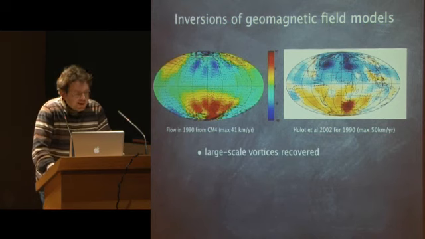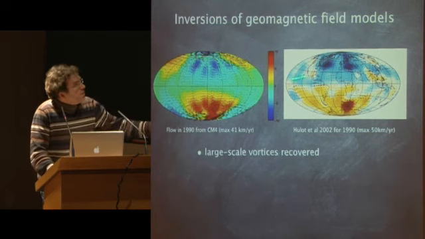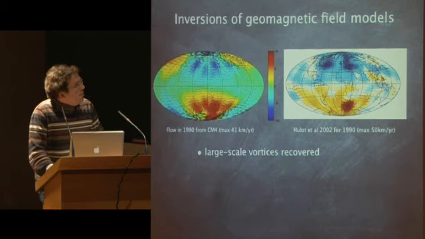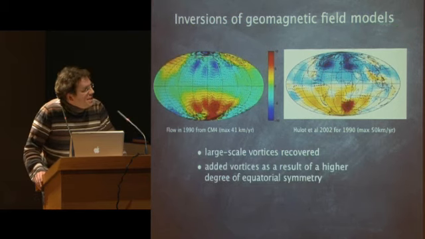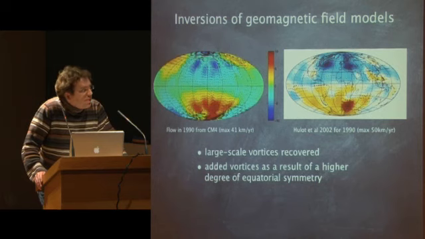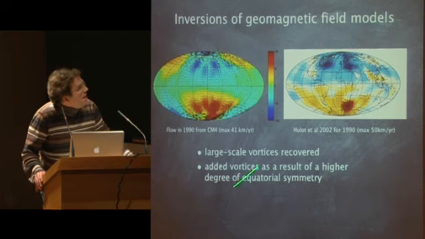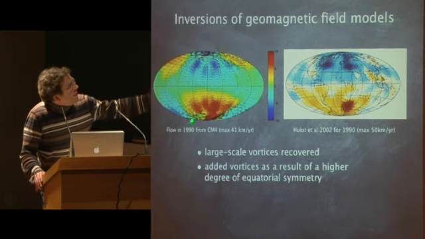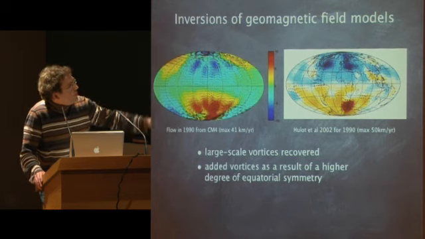So let's summarize what we have. We recover most of the large-scale vortices of this map, but we have added vortices, but it's not purely random added vortices. These are vortices that are equatorially symmetric with respect to the main features of this map.